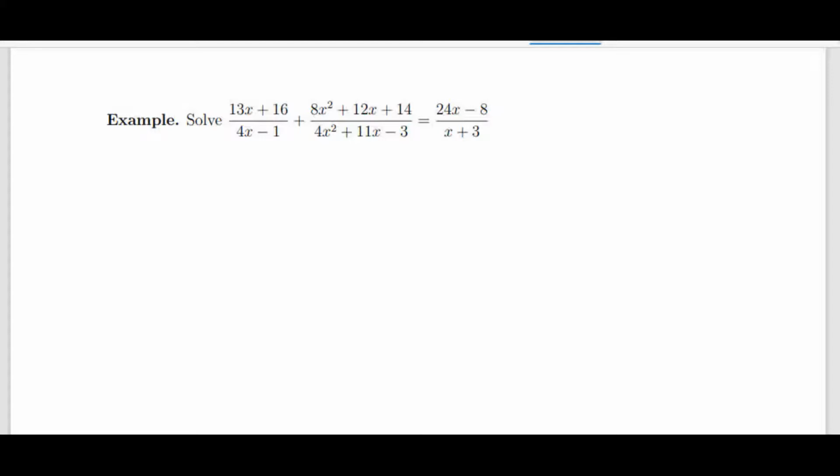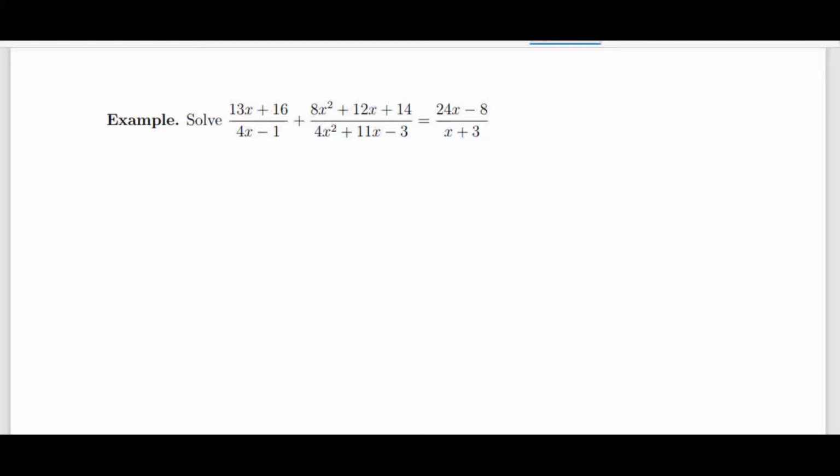We can also cancel those denominators by multiplying by 4x minus 1 and all the other denominators. But before we multiply all the denominators, we check whether we can simplify, because multiplying all the denominators is too huge. So we simplify first.